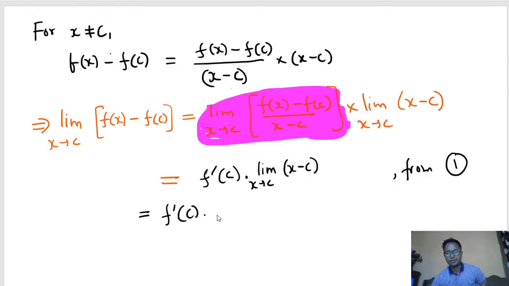Putting x equal to c, c minus c is 0. So that means 0.